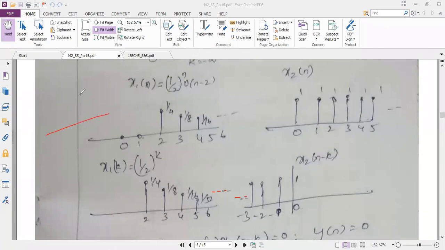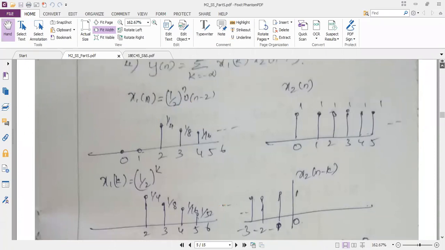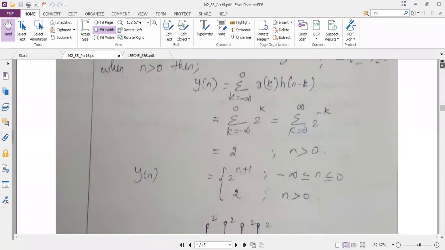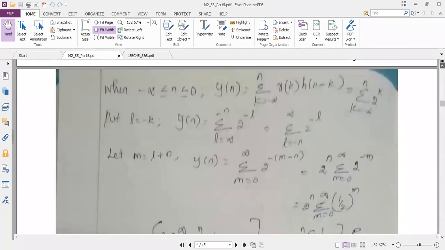See, in the previous problem, how the structure was x1 of k, that means x of k and h of n minus k. Both the samples you had in a similar fashion. Just see the diagram of the previous one. Both were at the minus x-axis. Is it right? Which diagram do we have to concentrate on? The x1 of k diagram with the shifted diagram of h.